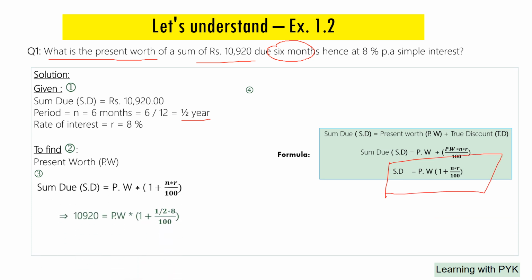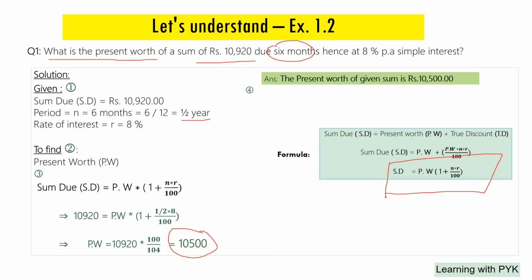Putting the values, we get 10,920 is equal to present worth into bracket 1 plus period multiplied by rate, that is half multiplied by 8 divided by 100. On solving, we get present worth as 10,500. So the present worth for the given item is 10,500.